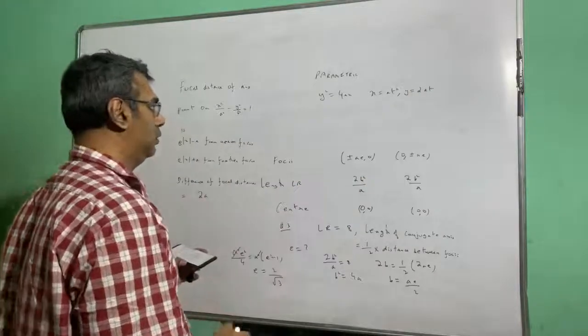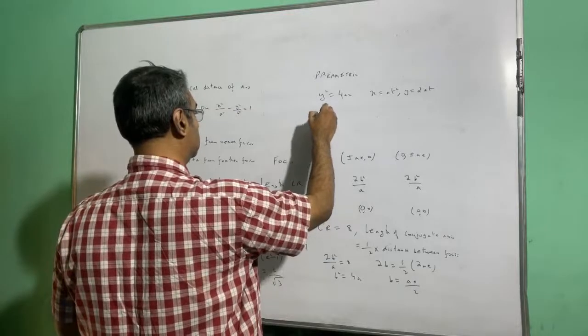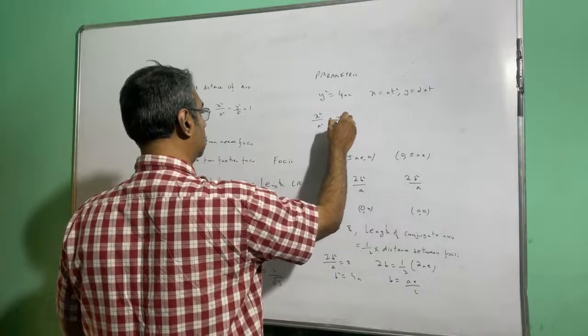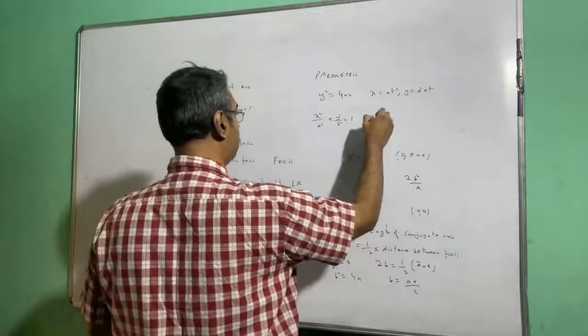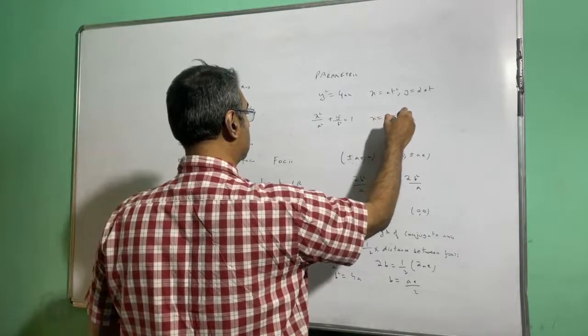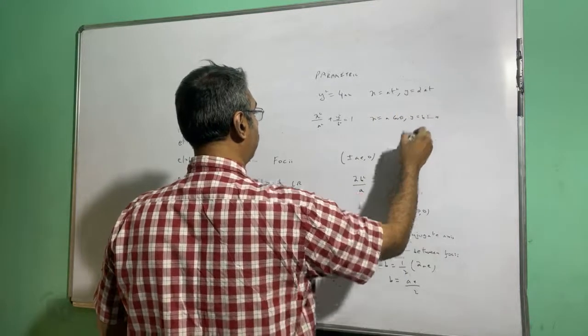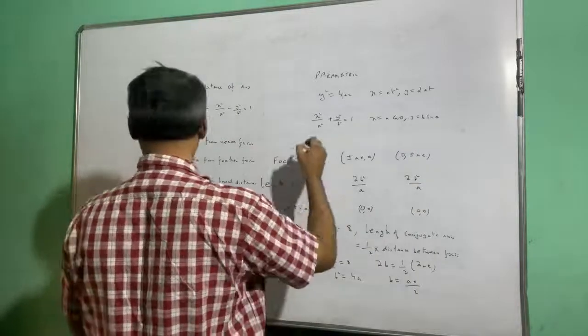So y square equal to 4ax, x equal to at square, y equal to 2at. Then this is the ellipse. So x is a cos theta, y is b sin theta.